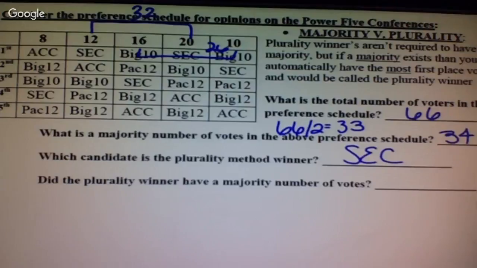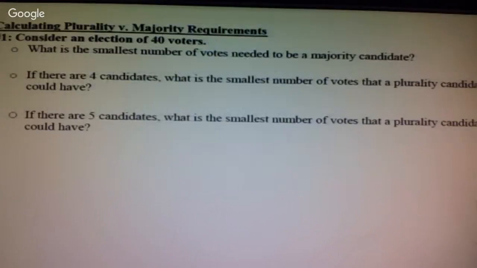No. But that's okay. Majority will come more into play when we do section 1.4, plurality with elimination. Questions?